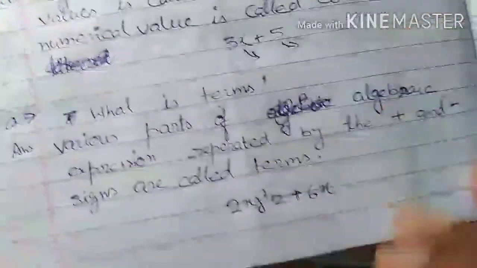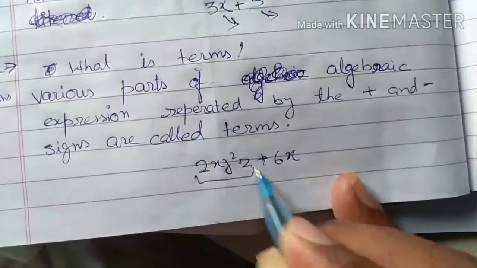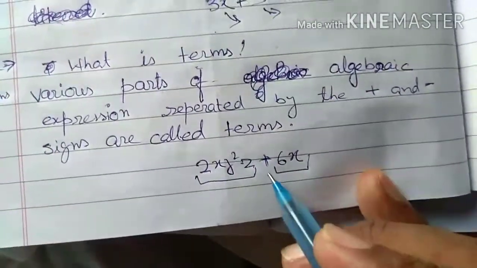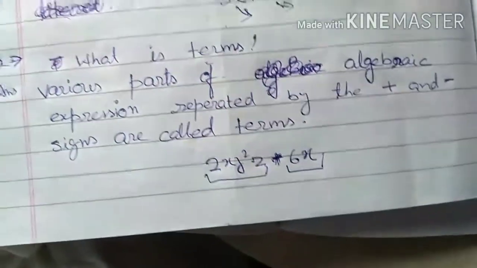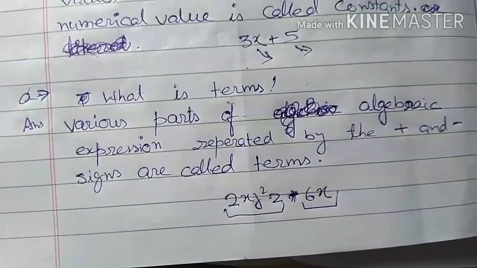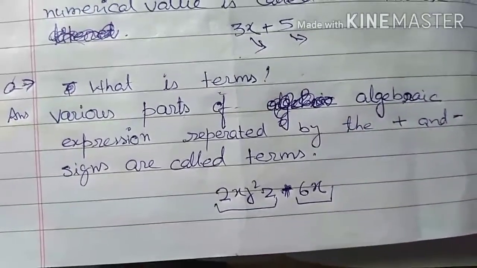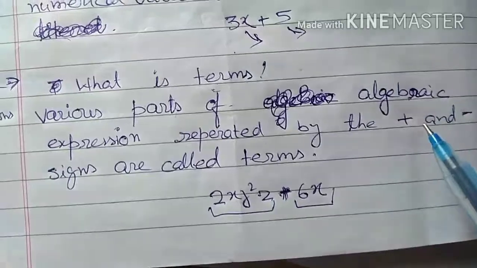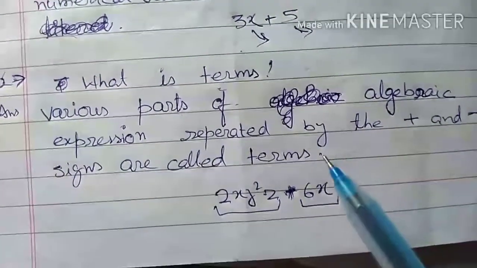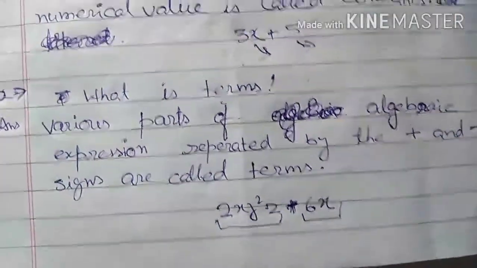It has only two terms, and these two terms are separated by the sign of addition. So the various parts of an algebraic expression separated by addition and subtraction signs are called terms.